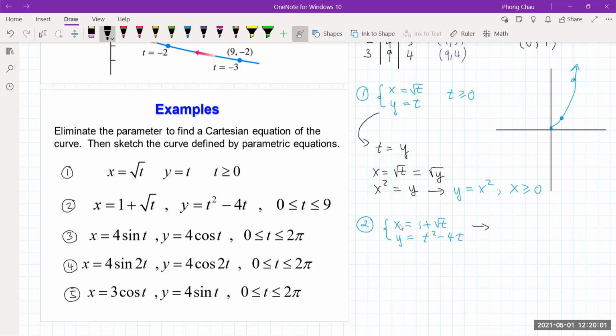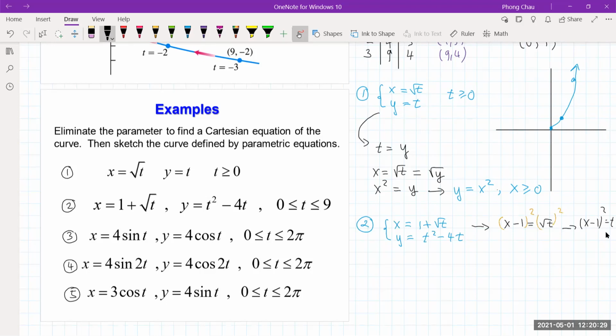So I can subtract 1, and we get x minus 1 equals square root of t, right? Then we square both sides, and now I have t by itself. So we end up with (x minus 1) squared equals t.